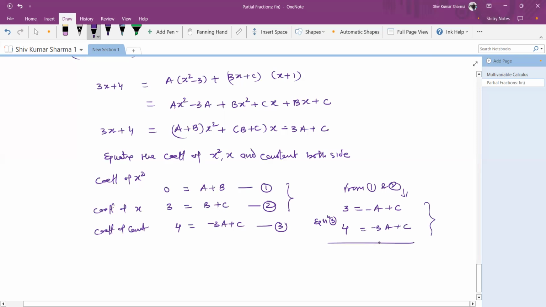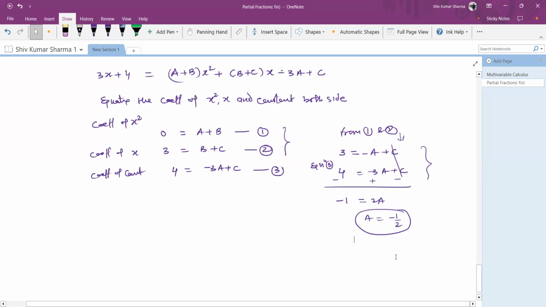Now solving these two equations, on subtracting, we cancel c with c, so this gives us minus 1 equal to minus a plus 3a, minus a plus 3a means 2a. So a is equal to minus 1 upon 2.